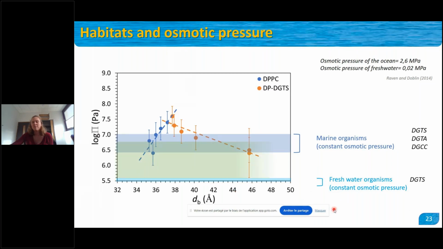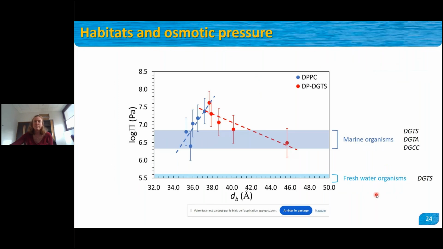And plants have a variable osmotic pressure that changes quite a lot through the plant lifestyle. So we guess, because seed plants, especially seeds that are completely dry versus leaves that are wet, that's why betaine lipids are deleterious for plants.